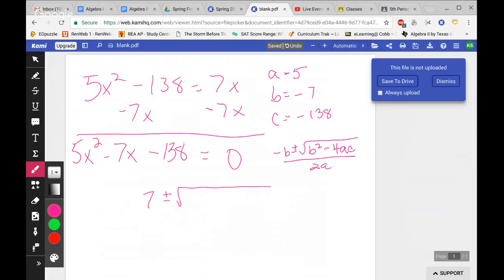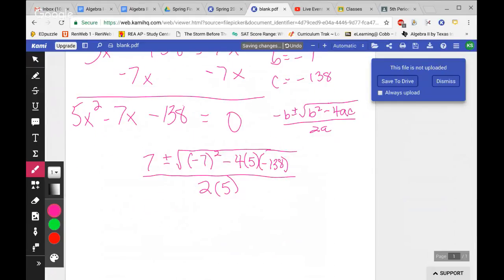And then we have B squared, so that's going to be -7 squared minus 4 times 5 times -138, all over 2 times 5.